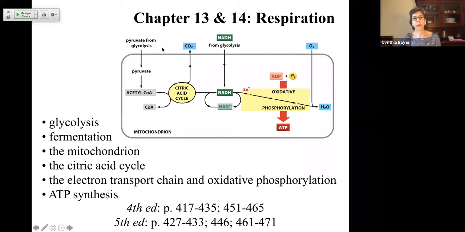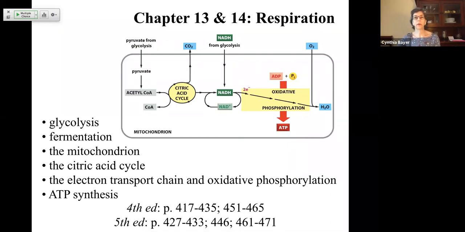We're going to talk about glycolysis that occurs in the cytoplasm of all cells, but the most efficient form of cellular respiration, in the presence of oxygen, will be able to further oxidize the products of glycolysis, extract more energy, and be able to generate a huge amount of ATP. So we'll be talking about these parts, the stages of respiration that occur in the mitochondria.